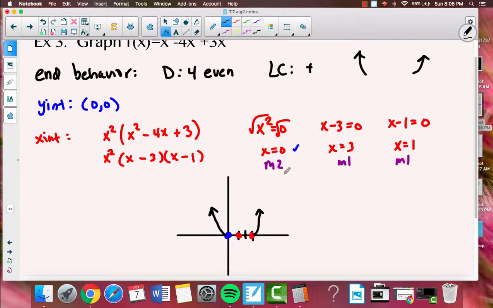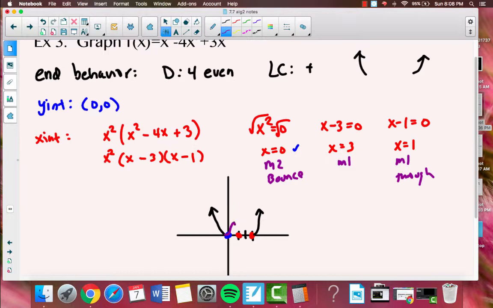And then you just have to pay attention to your multiplicity. So remember, the multiplicity at 0 was a 2, so it's going to bounce. So I'm going to take my left side, hit the 0, and then bounce back up. Then I have to come back around. I have to turn it because at x equals 1, it's going to go through. So I'm just making myself little notes.